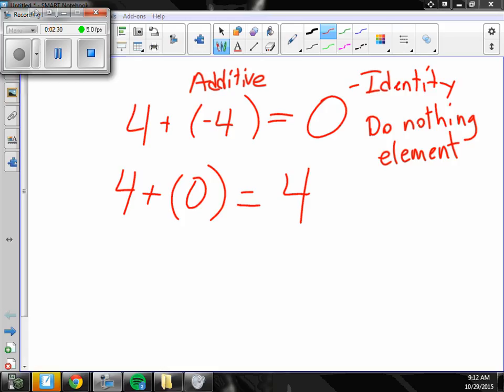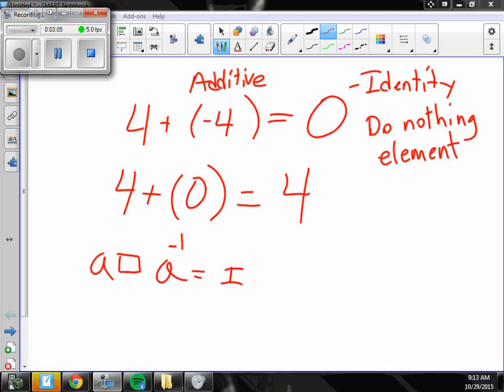So essentially, here's what happens. If you have some element A, and you combine it using whatever operation you want, so some operation here, and you combine it with A inverse, whatever goes in that box, raise it to the second power, addition, subtraction, multiplication, anything, you are going to get the identity.